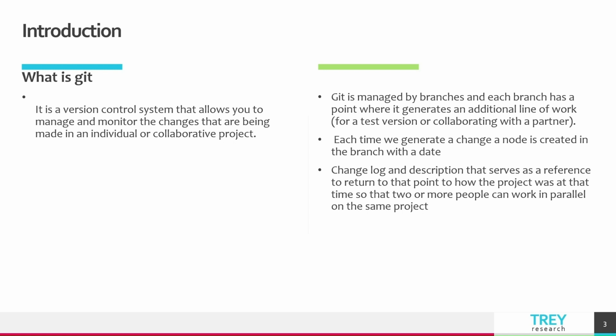It's good for when you are working with more people, or in your job when there's a mess, like you saw us doing. Each time we generate a change, a node is created in the branch with a date. We're going to see it more in this course, but a branch is a line of time.